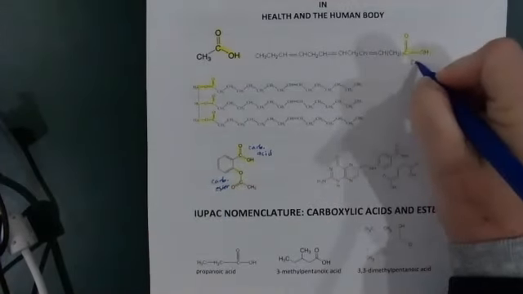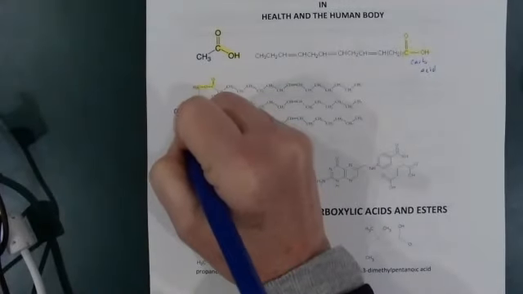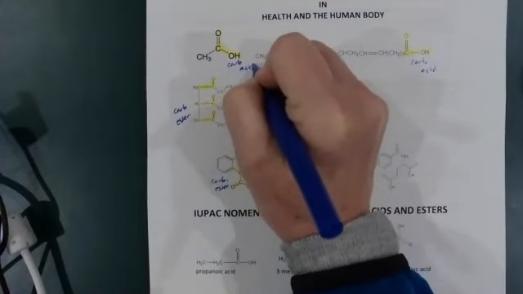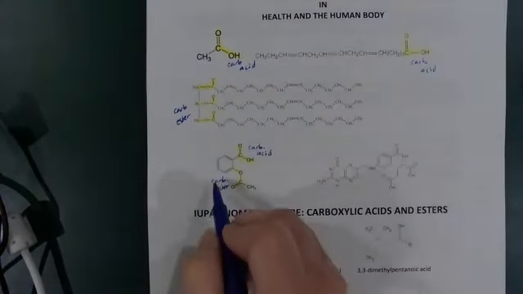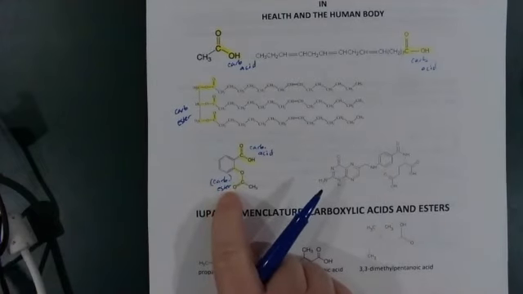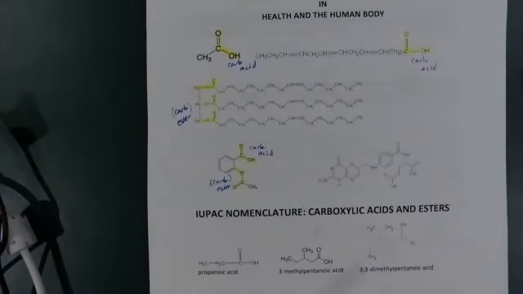So make sure that you're able to see the difference between carboxylic ester and carboxylic acid. I will tell you that often the carboxylic part is not used with ester. We'll often just say, oh, there's an ester. So I'm going to put the carboxylic in parentheses to remind us of that.